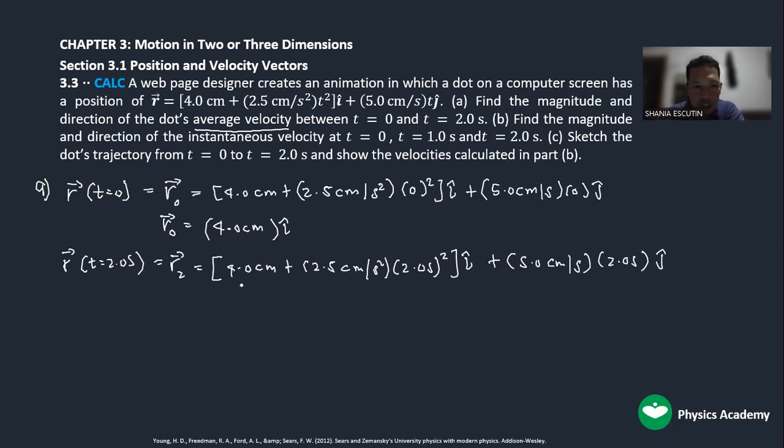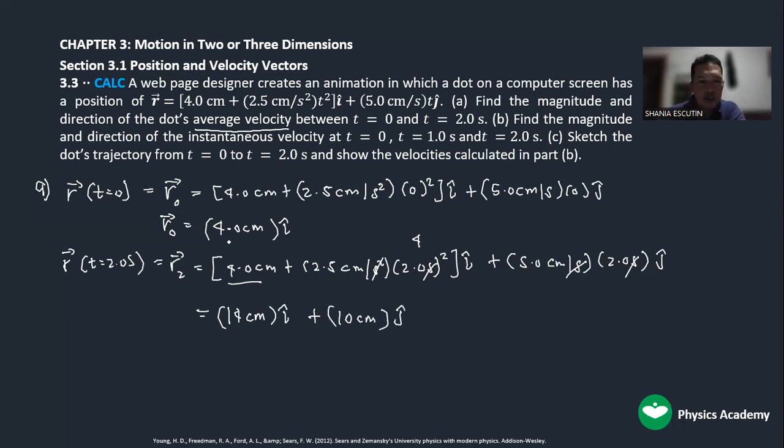In the first term, the seconds squared cancel out, so we have 4 plus 2.5 times 4, which is 10. So we have 4 plus 10, 14 centimeter i hat, plus 2 times 5, 10 centimeter j hat.